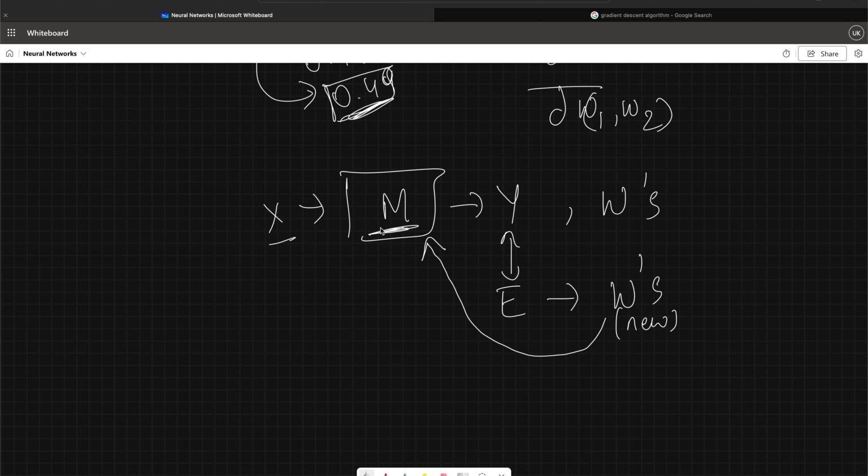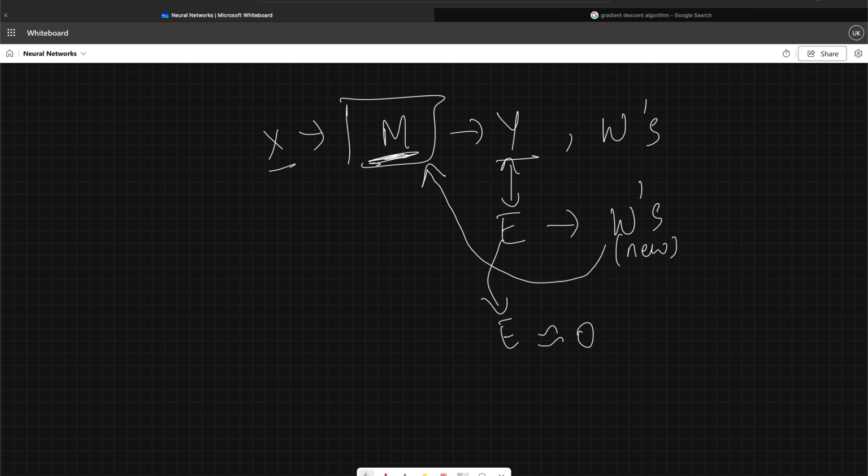Then you pass your x into the new w's, get a new y, and calculate the error again. Keep doing this again and again until your error becomes close to 0, or it plateaus at one point. At that point, it doesn't learn much from there. That's a different issue. We'll look into it later.